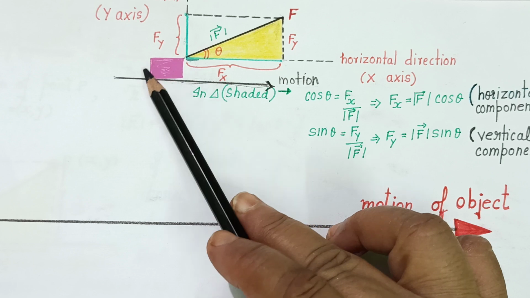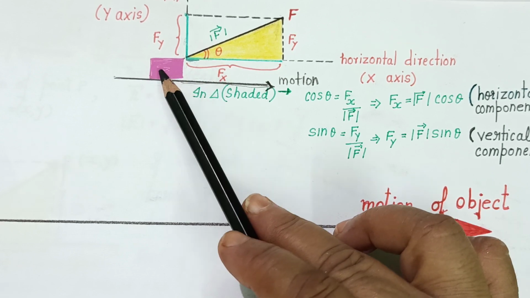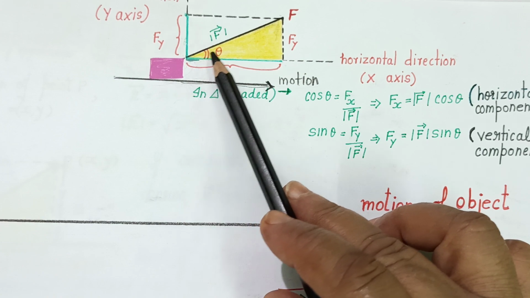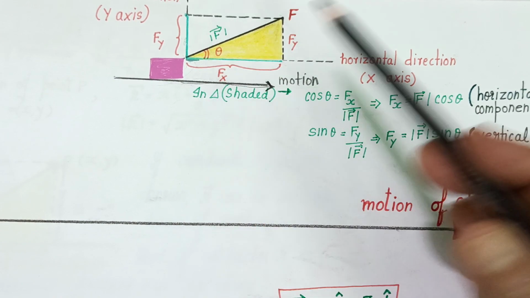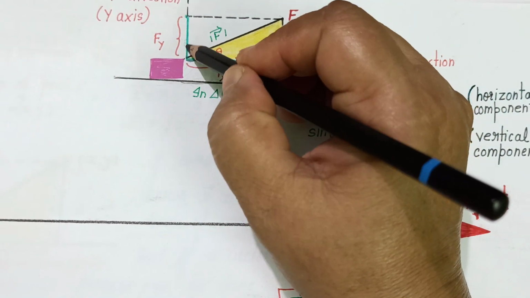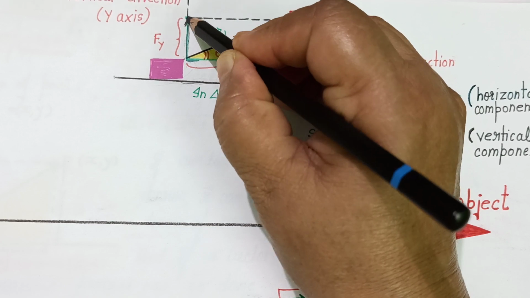Since this matchbox is quite light in weight, when I increase the angle theta, the vertical component also appears in the picture.